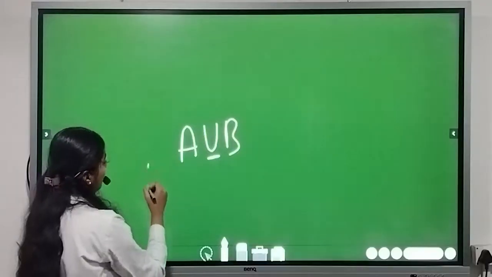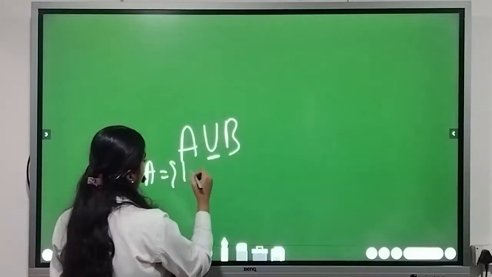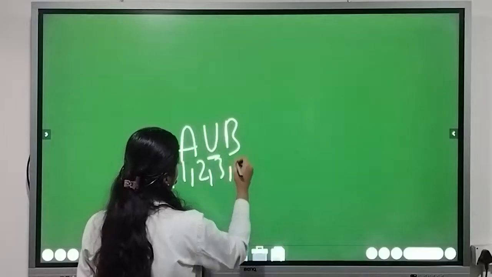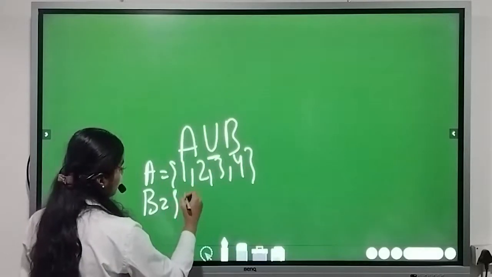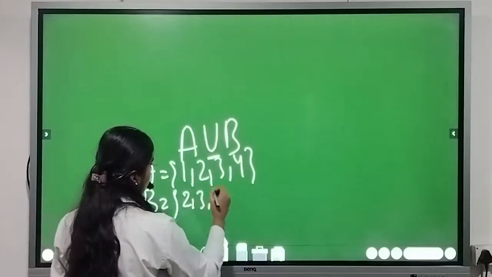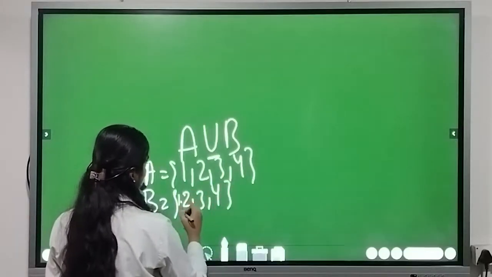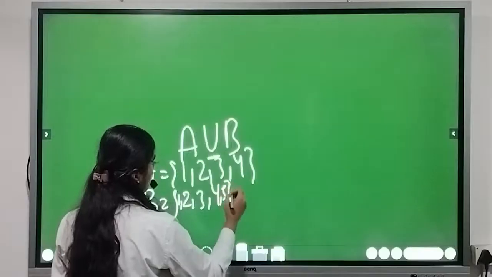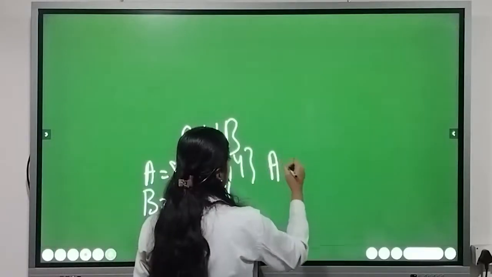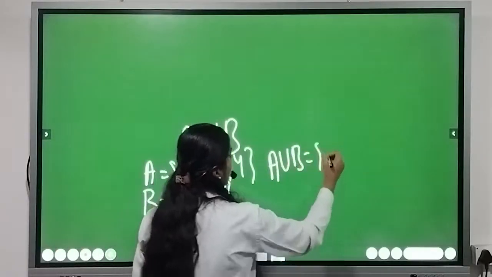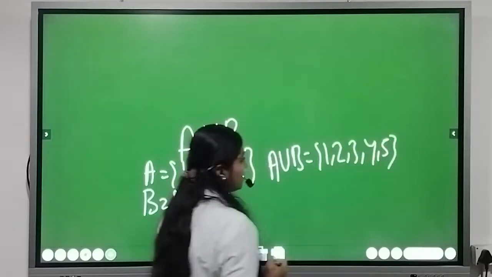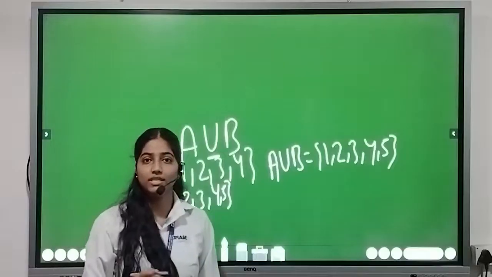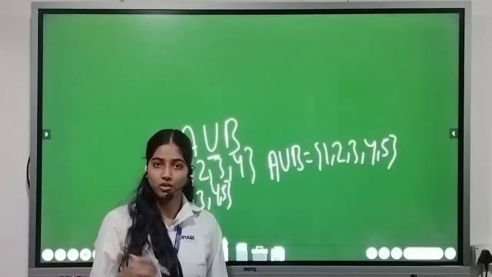For example, A is equal to {1, 2, 3} and B is equal to {3, 4, 5}, so here A union B will be 1, 2, 3, 4, 5. The mathematical definition of union is X such that X belongs to A or X belongs to B.